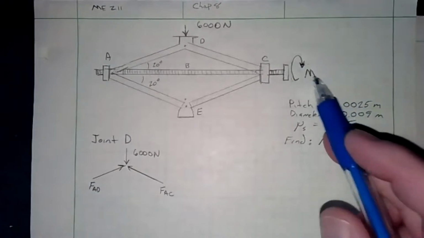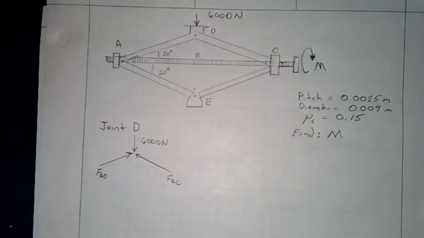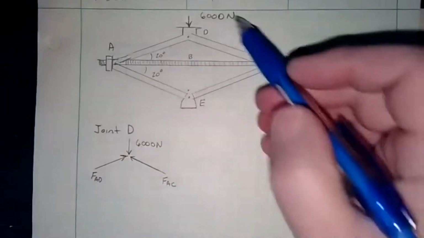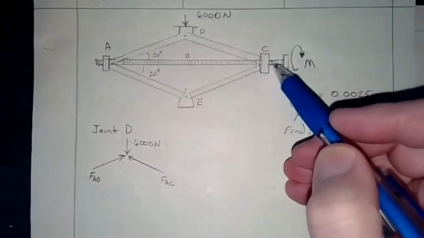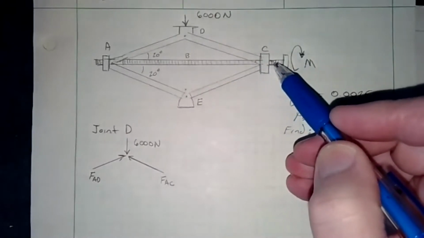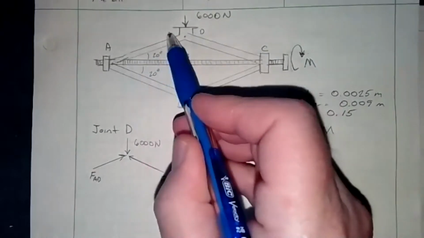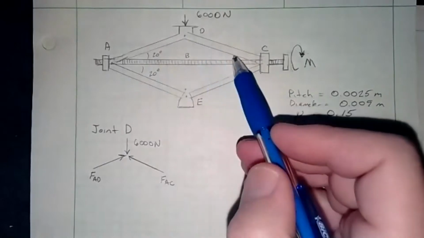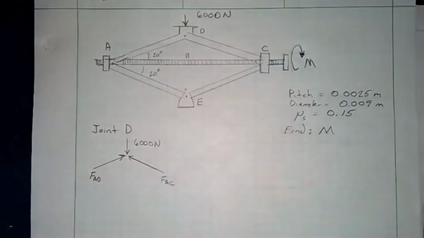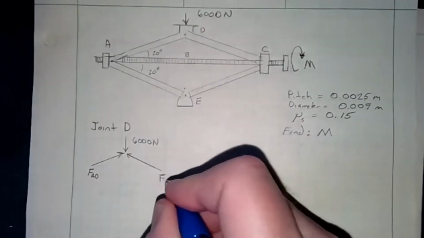We want to find our moment M. The first thing I looked at was that we need to relate the 6,000 Newton force to what's happening on the threads. So first I want to relate the 6,000 to AD and CD, this should say CD, not AC, sorry.